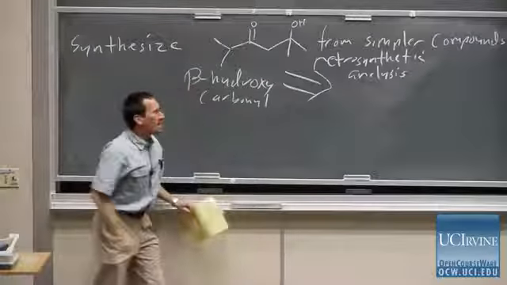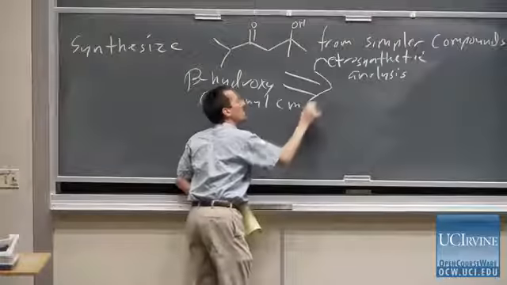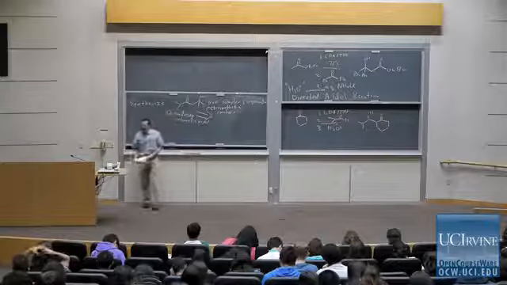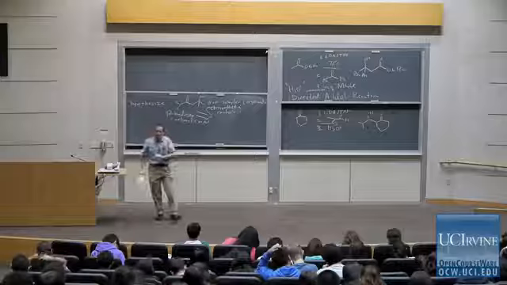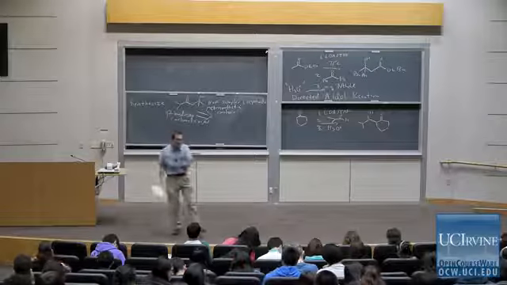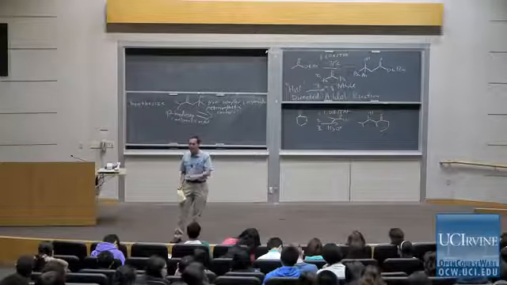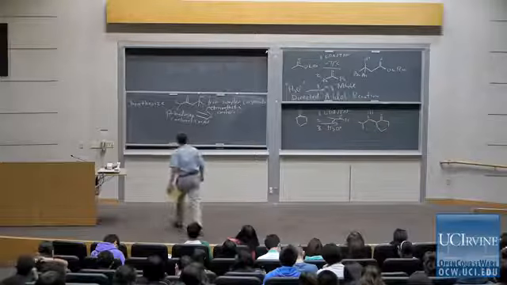And when we see a beta-hydroxycarbonyl compound, immediately that should clue us in. The bond between the alpha and the beta carbon can be made by an aldol reaction.